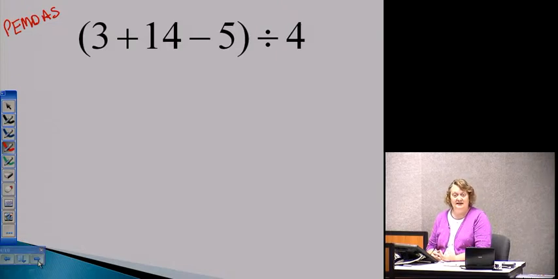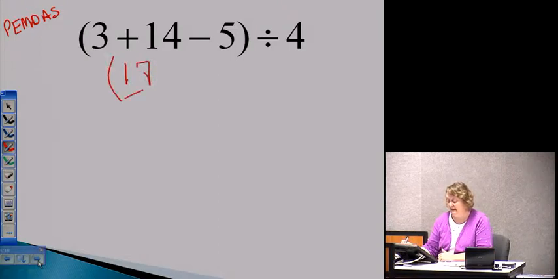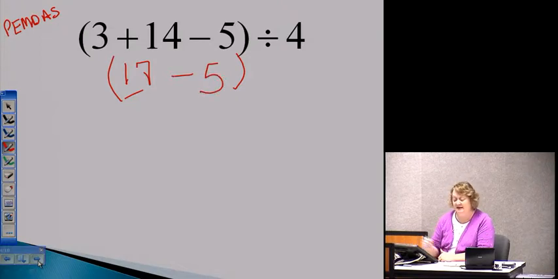Later we can do some of the addition and subtraction a little bit differently as we learn about positive and negative numbers and integers and get some more tools to look at. But right now, we're just going to add and subtract from left to right, 3 plus 14, and get 17. I'm going to keep this in parentheses. And then I'm going to bring down that divided by 4.